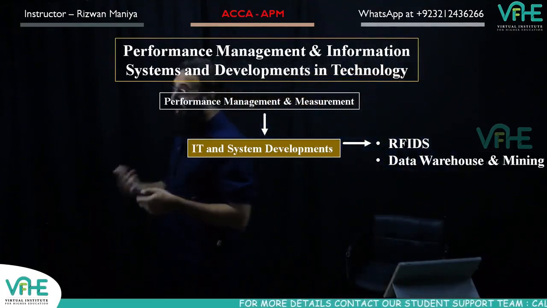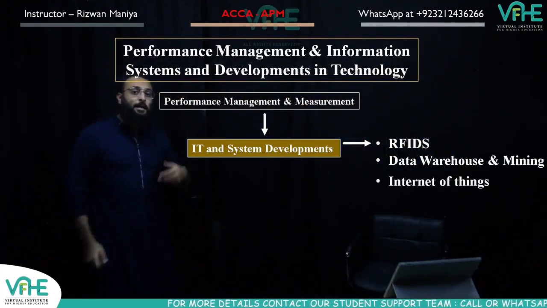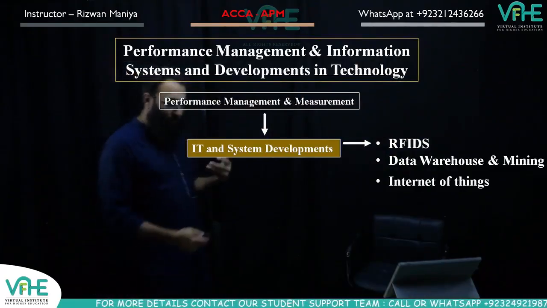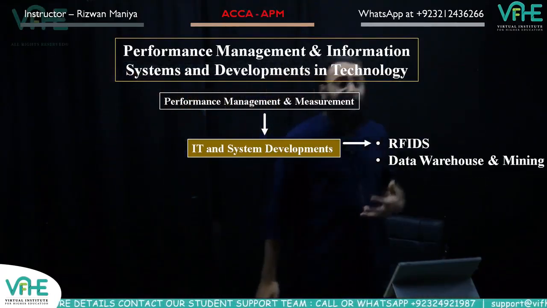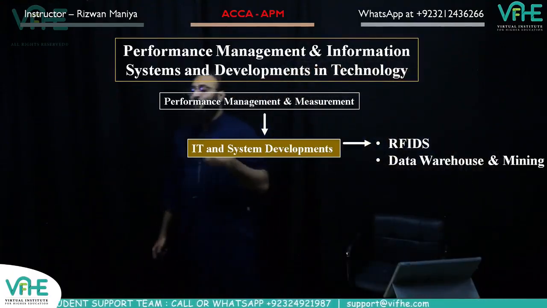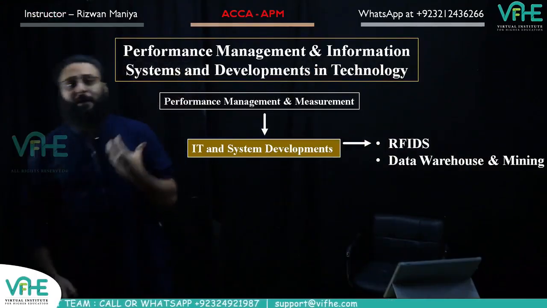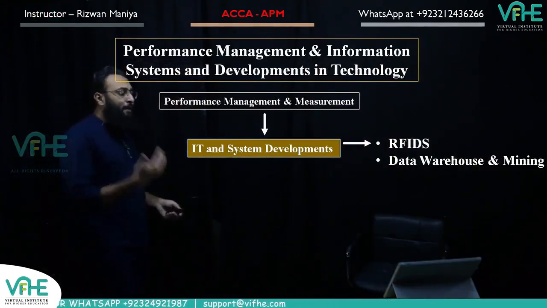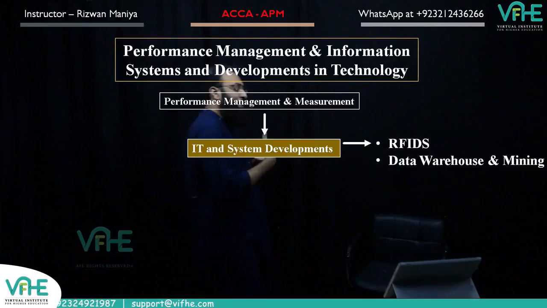Then data mining. Now what does data mining do? This helps in improving the business strategies. It is software that finds hidden patterns in the data, software that helps find hidden relationships between the data.